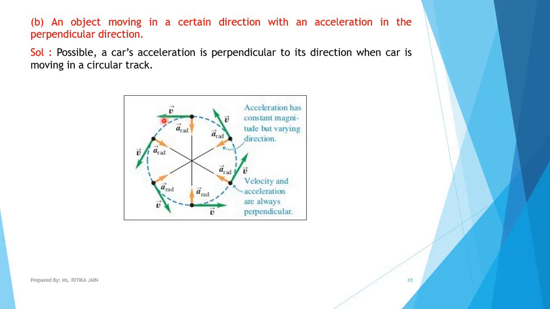So as the velocity changes, the acceleration is always perpendicular to the velocity. So acceleration always acts towards the center of the circular path. This type of acceleration is called radial acceleration or centripetal acceleration. So this case is also possible.